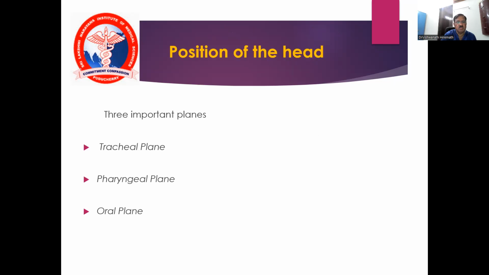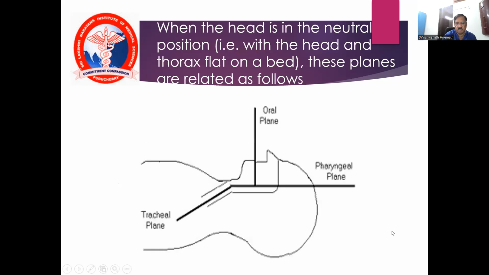The position of the head and neck should be adjusted, because there are three planes involved when we are going for endotracheal intubation: the tracheal plane, pharyngeal plane, and oral plane.